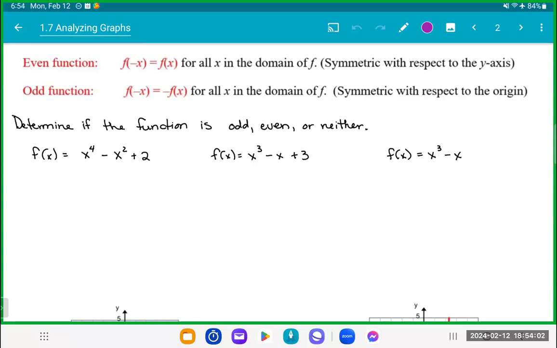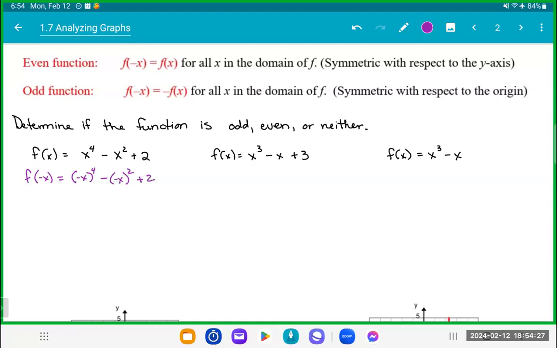Okay. So the first one here, we have x to the 4 minus x squared plus 2. And so what we want to do is plug that negative x in. So instead of f of x, we want to do f of negative x. So that's going to be negative x to the 4 minus negative x squared plus 2.